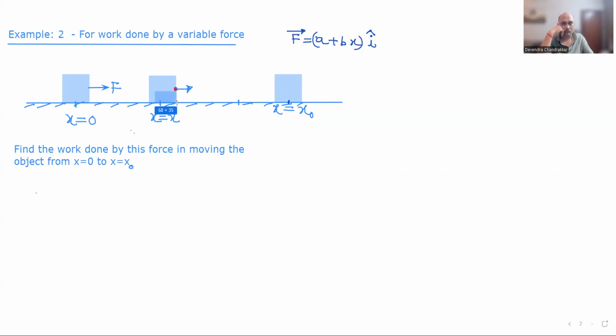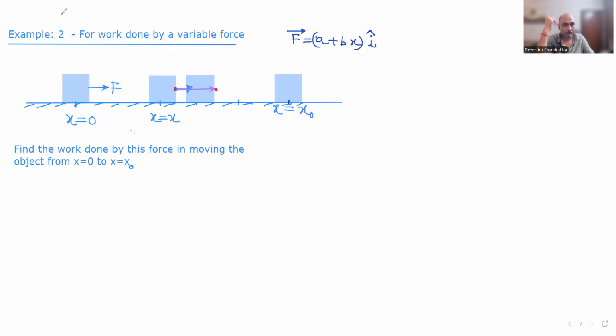Now we pull this block by a small distance ds. So this purple vector is representing the displacement of the point of application of force.